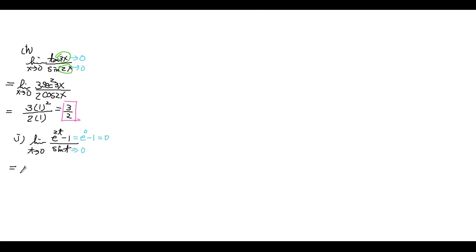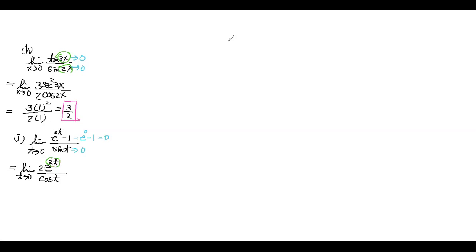Now you can use L'Hopital's rule. The derivative of e^(2t) will become e^(2t), but because this is 2t, don't forget you need the chain rule, right? So this will be 2. And the derivative of sine will become what?